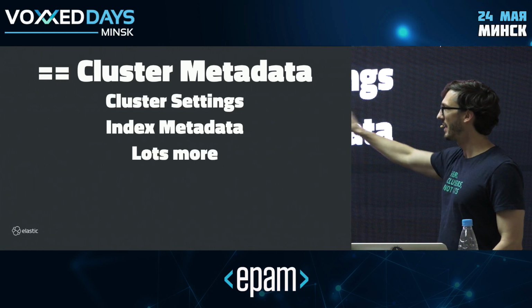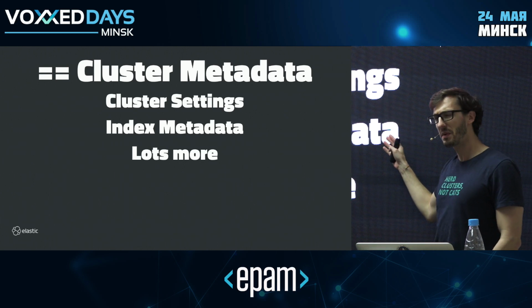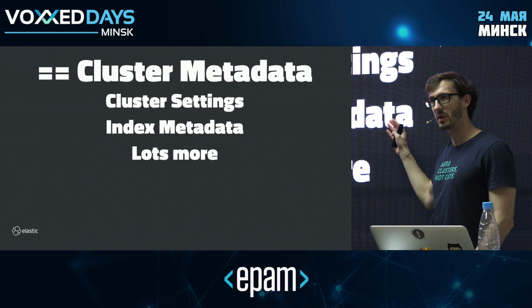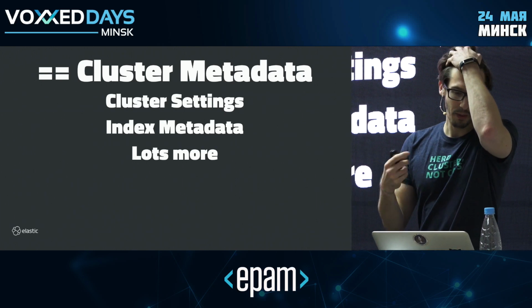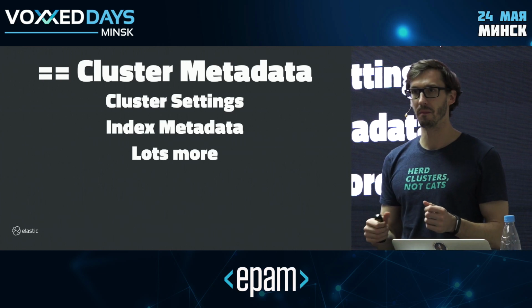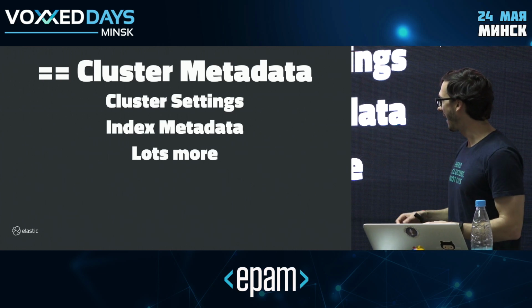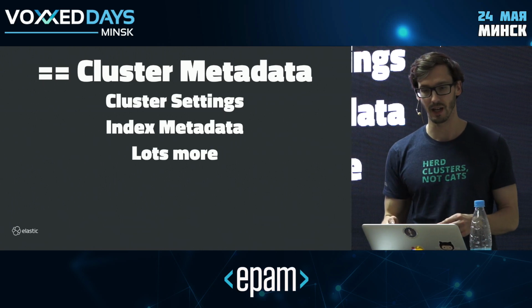You have the indices where you store your data in. They have some metadata. What might be metadata around an index? Mapping. Yeah, the mapping, exactly, the mapping, for example. So it could be the mapping, it could be also like synonyms and many other things that could be in that state. And then there is lots more stuff that we try to keep track of here in the cluster state.